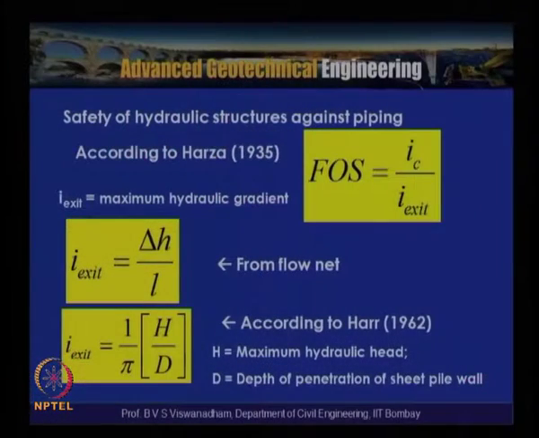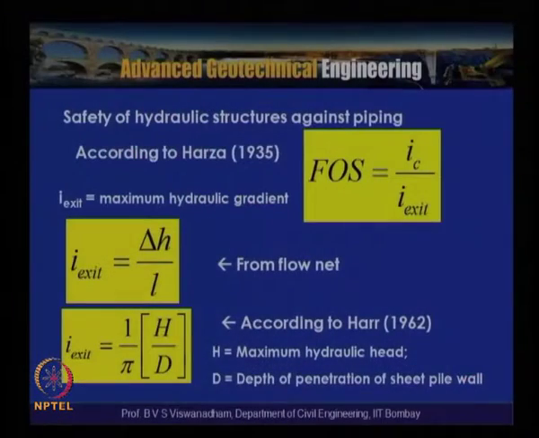For safety of hydraulic structures against piping failure, according to Harza 1935, the factor of safety is defined as the critical hydraulic gradient by the exit gradient. The exit gradient can be obtained as delta H by L, where delta H is the head loss between the last two equipotential lines on the downstream side of the hydraulic structure, and L is the length of the flow line in that zone.